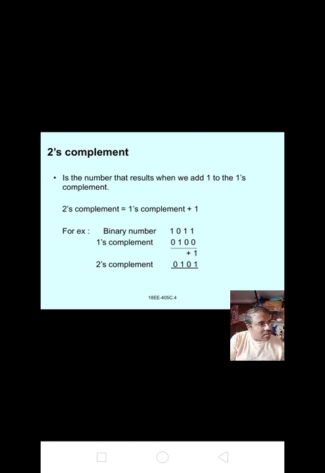1 0 1 means 5. 1 0 1 0 means what value? In 8 4 2 1 code, 1 0 1 0 is 8 plus 2, 10. 10 means 2 1 0, what is the value? 10 divided by 2 is 5, 2 5s are 10, remainder 0.